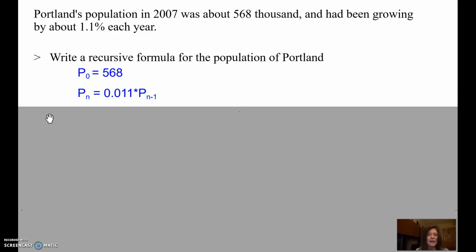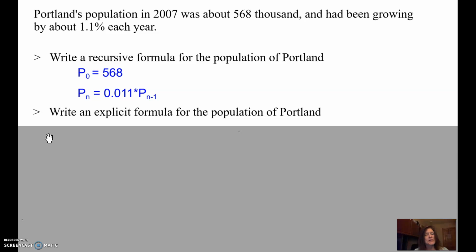Then P sub n is the percentage that we're changing, 0.011 times P sub n minus 1. Okay, so we just take the rate times the term right before. What about the explicit form?